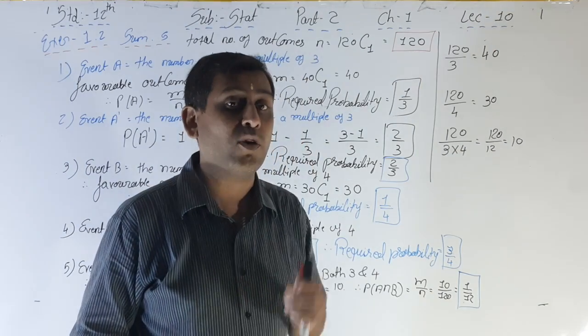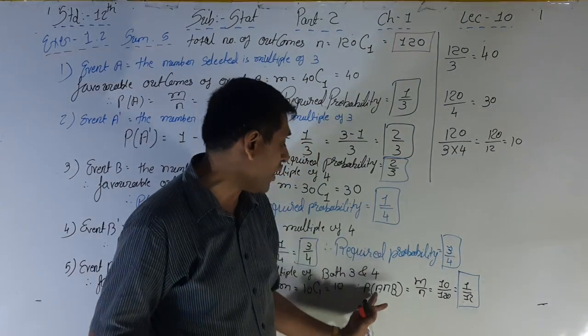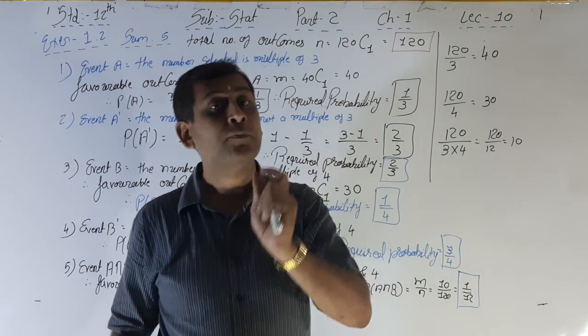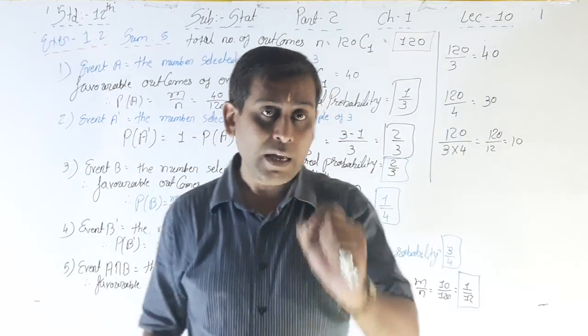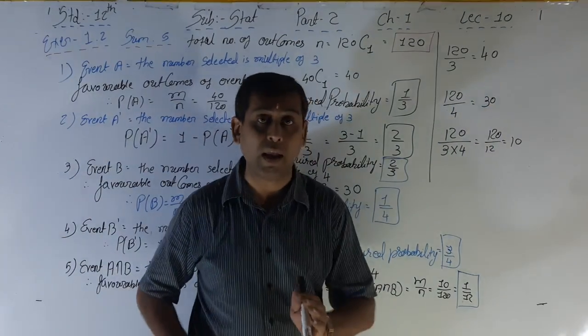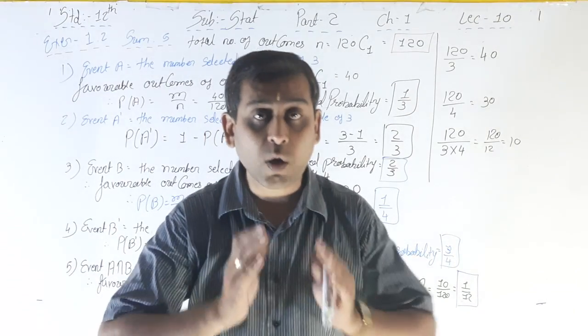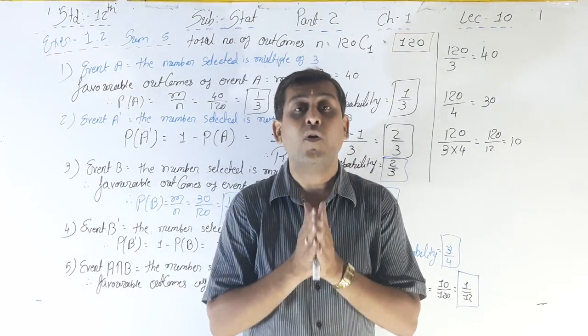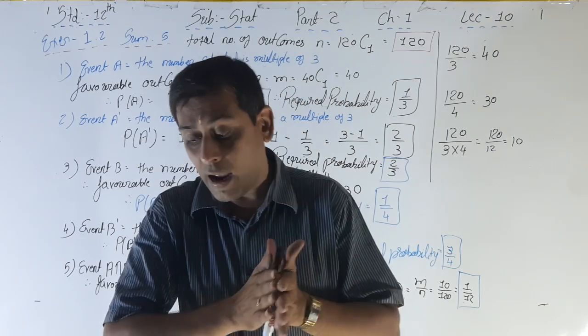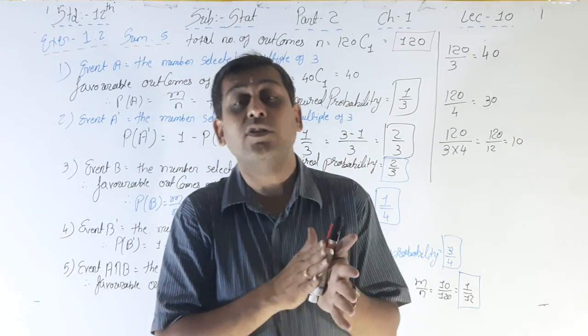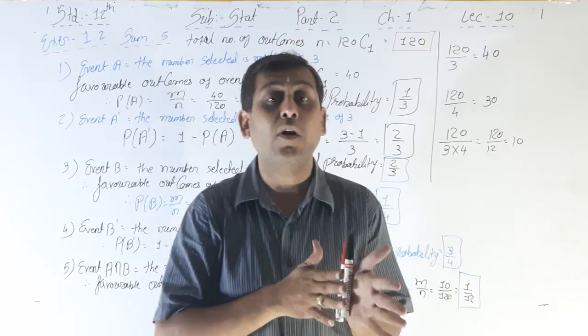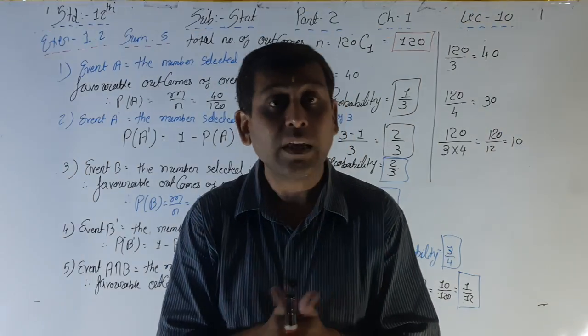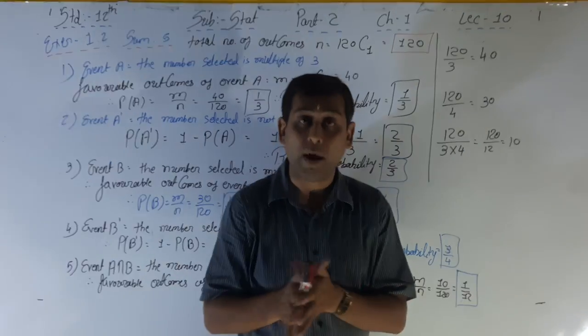And from that, what your final probability is, P of A intersection B is equal to M upon N is equal to 10 by 120 is equal to 1 by 12. So you can say that the required probability for selecting A intersection B, that is a multiple of 3 and 4 both, is 1 by 12.